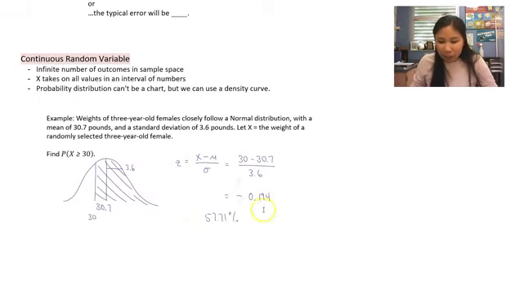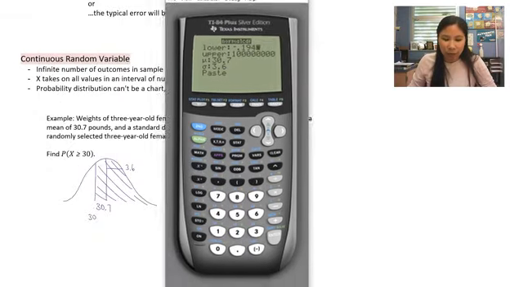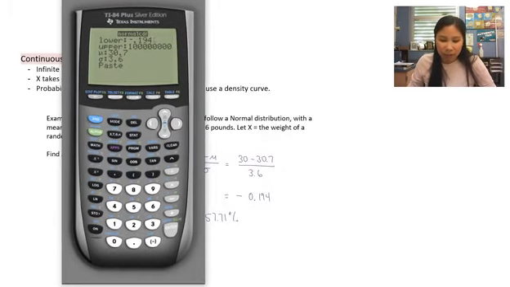Okay. If you had to calculate a z-score, or you only have the z-score, you can still do this in the calculator. When we do normal CDF, number 2, instead of the lower being 30, the lower is the z-score for a value of 30, which was negative 0.194. That was the z-score that we calculated. The upper, because I'm shading all the way to the right in my picture, I'm going to leave as 100,000, 1 million, whatever, because it's still going to be a big enough number.